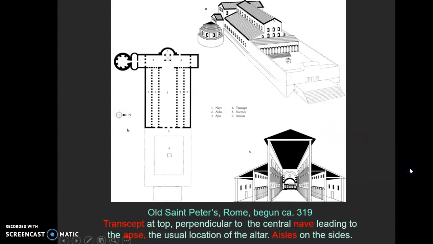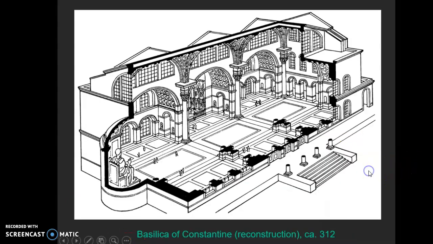Now, another thing we saw, of course, another structure in Constantine's era that is long, that has a front entrance, and it concludes with another kind of projected rounded apse, was the Basilica of Constantine, or the Basilica Nova.